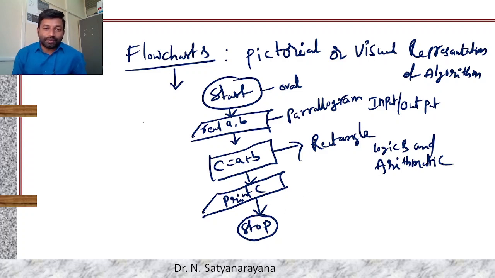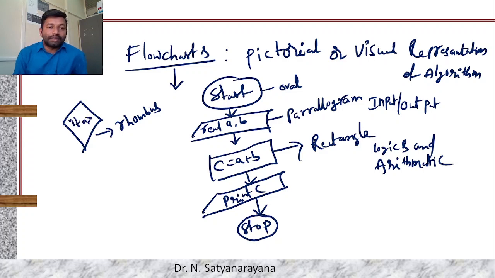Apart from this, what other symbols? One symbol is there. We call it a rhombus, which is normally used to represent the conditional statements. Like if A greater than B, you have to write such statement in this.